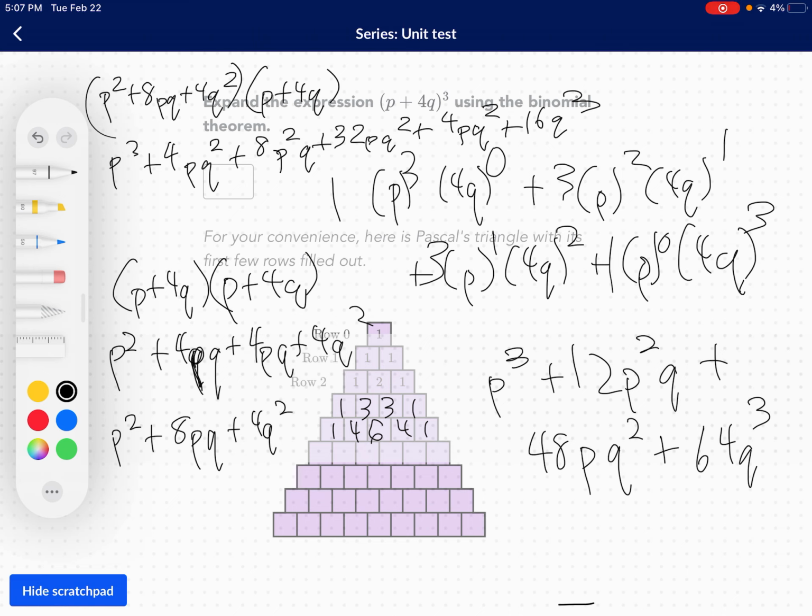Just P and P to the third. Okay, so P to the third, yep, it's good. PQ squared here, PQ squared here, and PQ squared here. 32 plus 4 is 36, plus another 4.